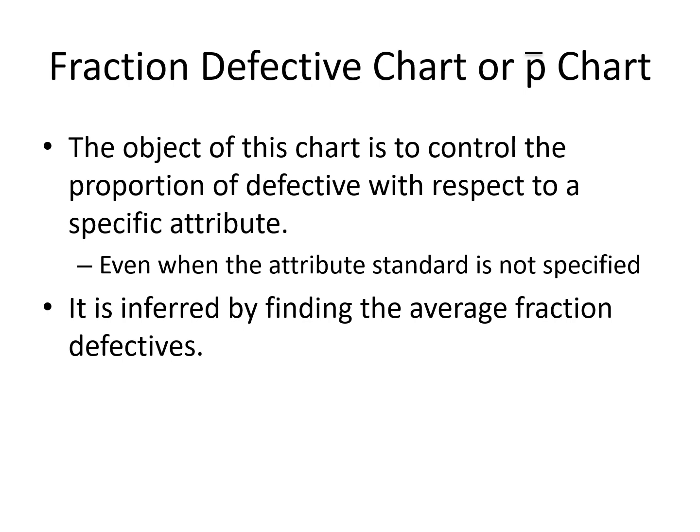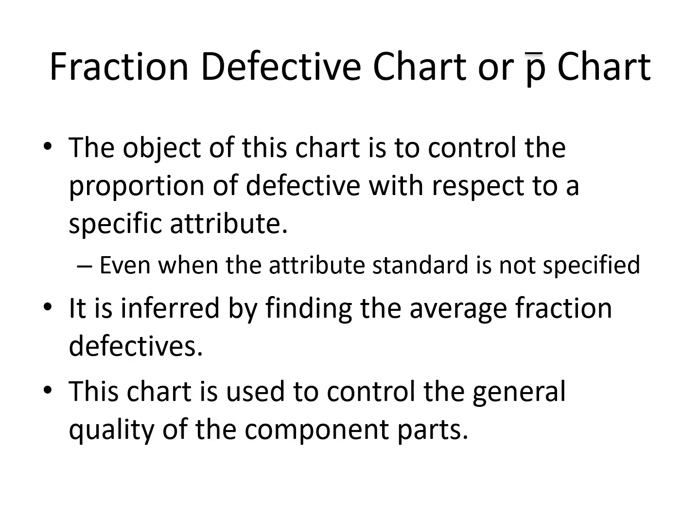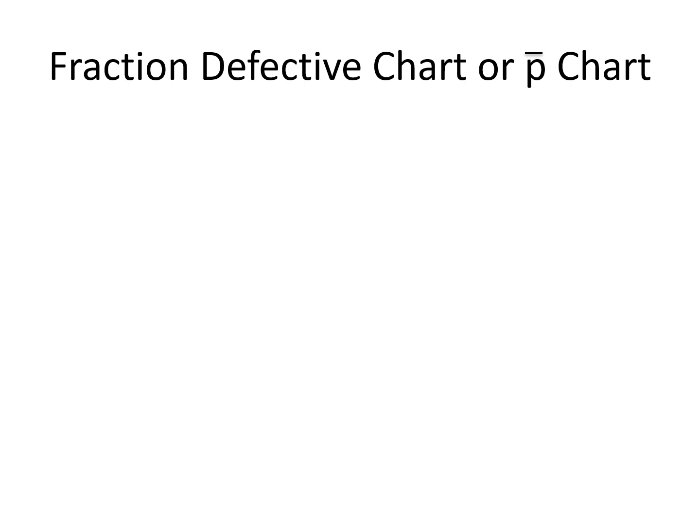It is inferred by finding the average fraction of defectives that is acceptable within a sample. We find an average, consider that average as the mean or standard, and try to control the quality. This chart is used to control the general quality of component parts. As mentioned, in the fraction defective chart we try to control the quality through inference.